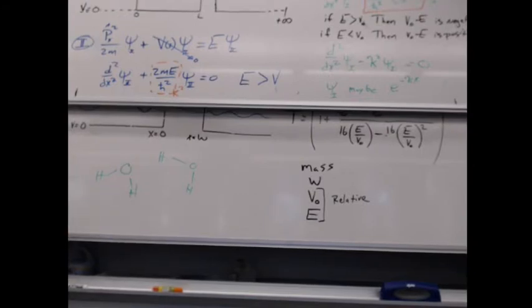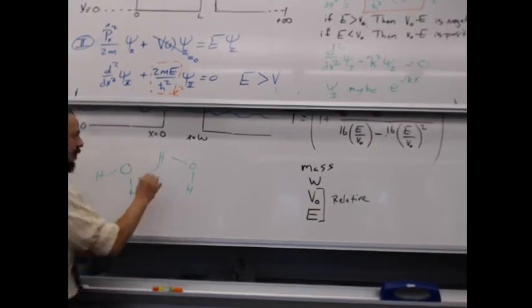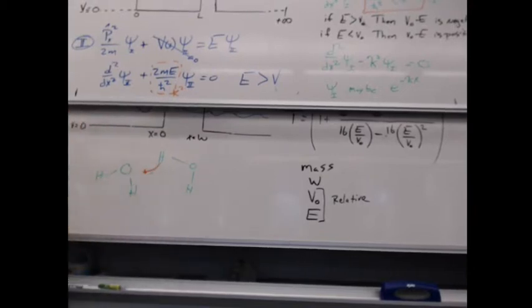This is an example. Now, the tunneling correction to this is like 0.1% or 0.01%. It's some small correction. But when you ask how much energy it takes for that hydrogen to actually hop over and make H3O plus and OH minus, self-protonation of water, autoionization.